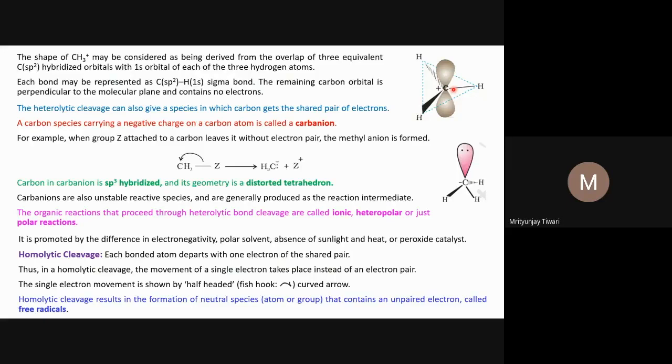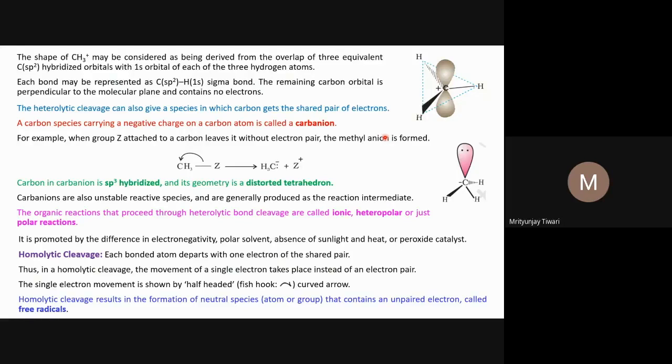Since only one s orbital and two p orbitals of the carbon in the excited state, each containing one electron, undergo hybridization, they will form three hybrid orbitals. This hybridization, because of the involvement of one s and two p orbitals, is called sp2 hybridization. We have already studied this in the chemical bonding chapter, where we studied covalent bonding, hybridization, and the valence bond theory.